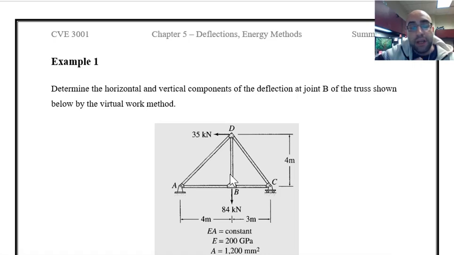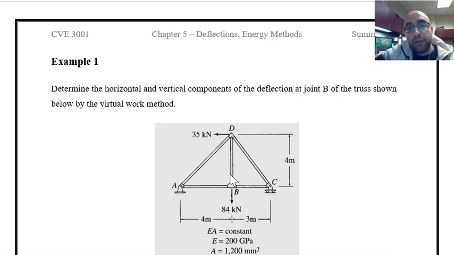The second step is to remove this loading and apply the unit loads, which are the virtual loads, at those specific locations where we want to know the deflections. In this example, we want to know the horizontal and vertical components of the deflection at joint B.